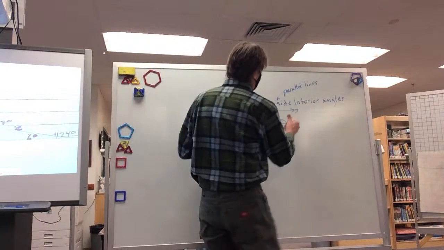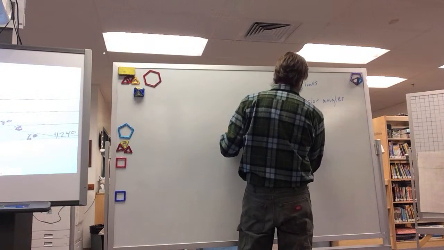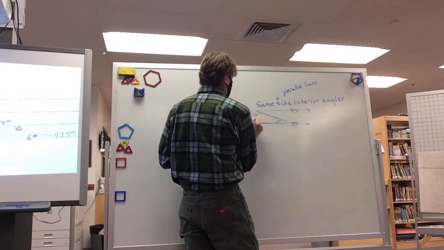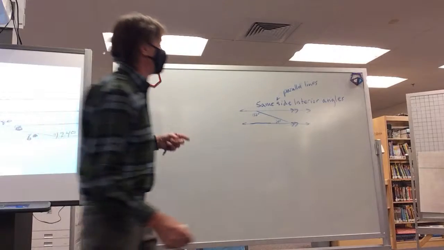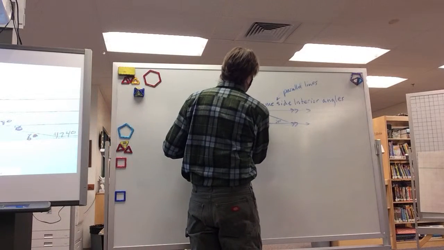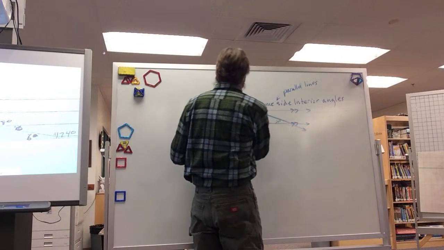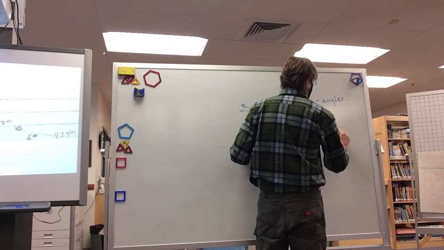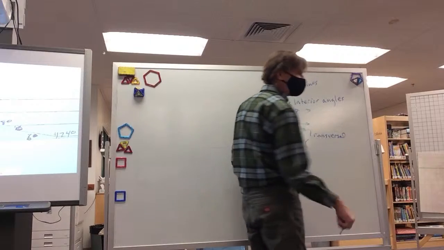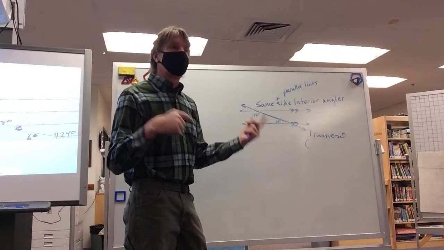For example, with this, when we have same side interior angles, we're talking about two lines that are parallel to one another. And then this line here, which cuts across, is called a transversal, because a transversal crosses two lines.